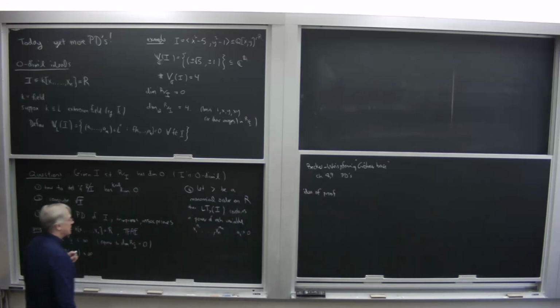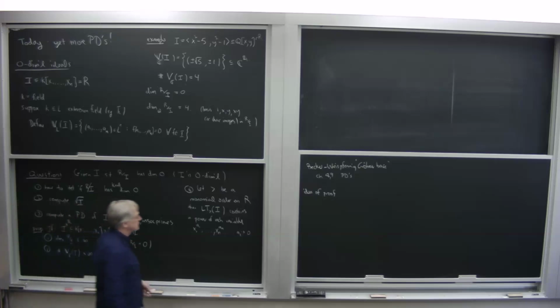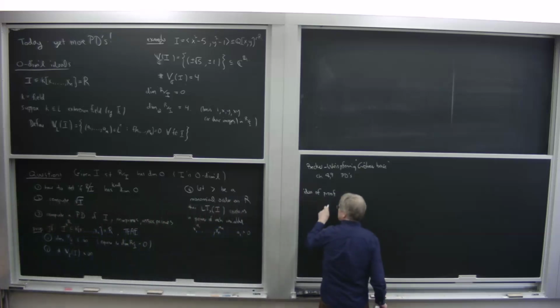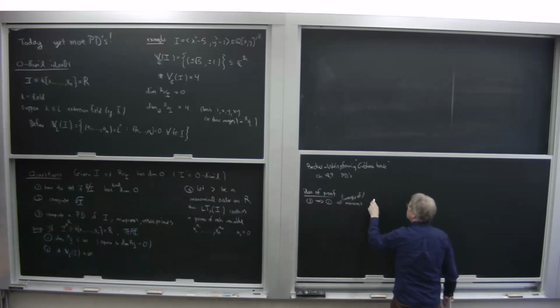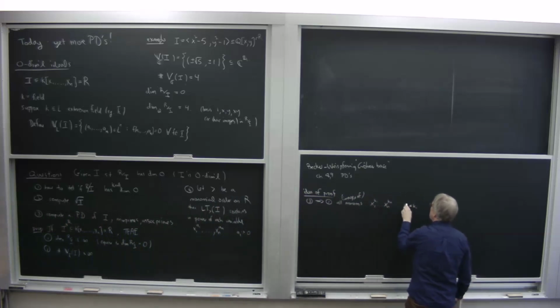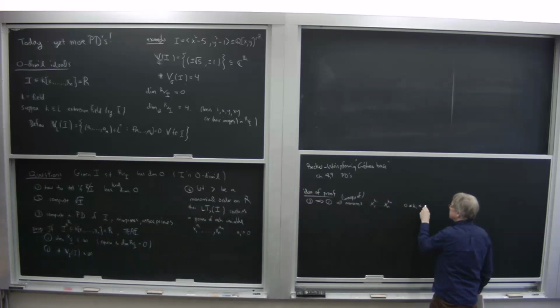So 3 implies 1 is, maybe I shouldn't say idea of proof, this is really most of the thing: all images of monomials x1 to the k1, say, xn to the kn, where ki is between 0 and strictly less than ai.